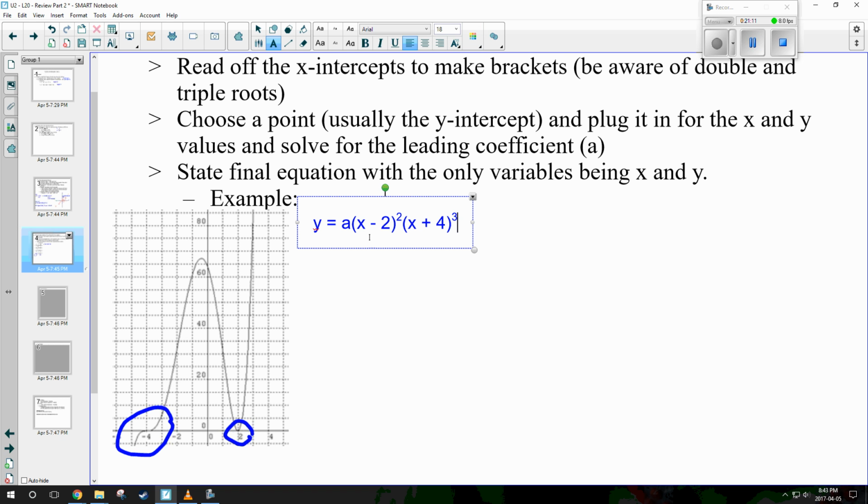Now that we have our brackets, there are no other x-intercepts, we need to find our point that we're going to use. So let's take a look at our y-intercept to see if it's a nice number. And in fact it is. It is the point (0, 64).